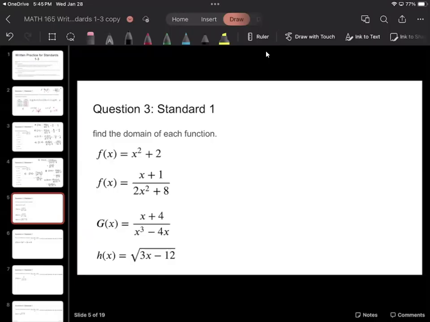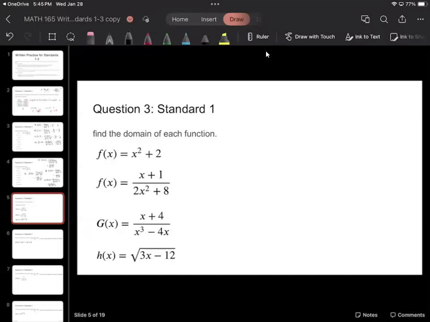Okay, so let's see. The first one: no matter what I input for x, the output will be defined, right? Because I can input a negative number, a positive number, any real number, and my output will be defined.